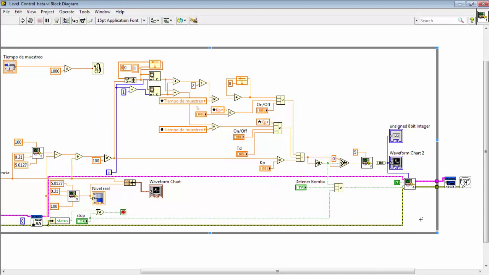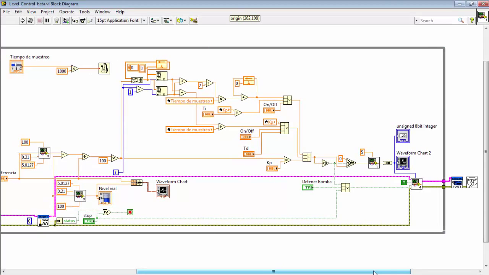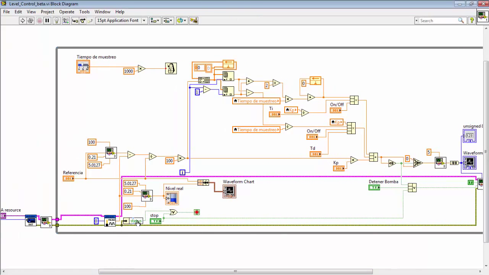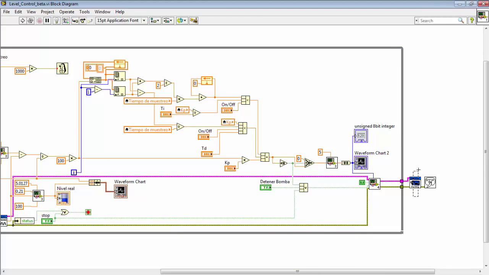When we decide to end the cycle or an error occurs, the cycle stops, then we close the communication with Arduino and show the error if that is the case.